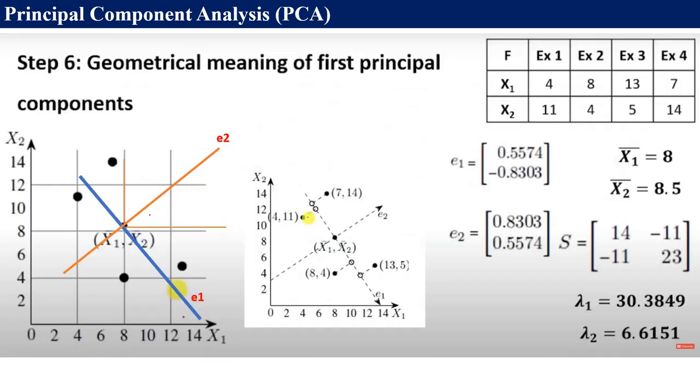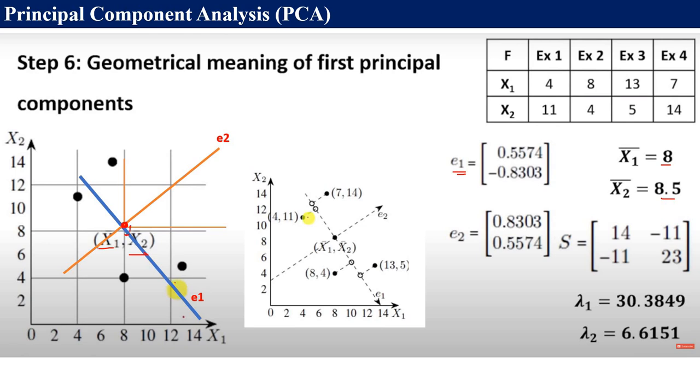Okay. So if you plot these principal components, all the data here, if you plot this E, what we'll get is on the perpendicular, on this mean 8 and 8.5. So this is our 8 and 8.5, x1 bar, x2 bar. If we plot 0.5574, it comes here, and the other is minus 0.8, so the minus 0.8 value will come here.